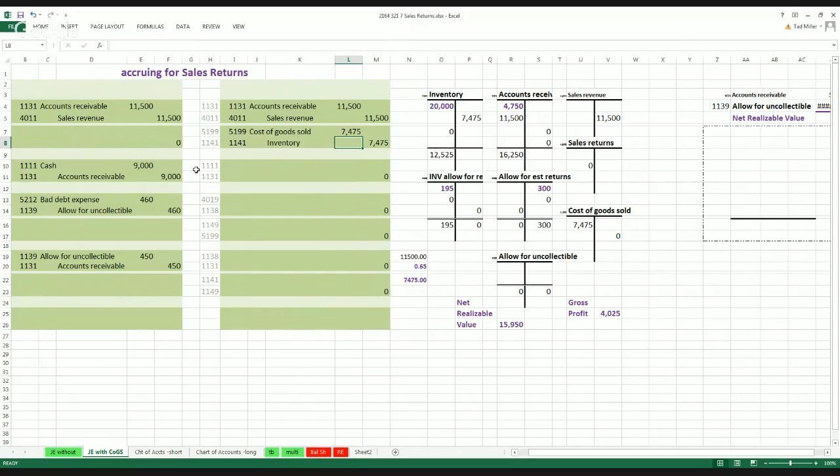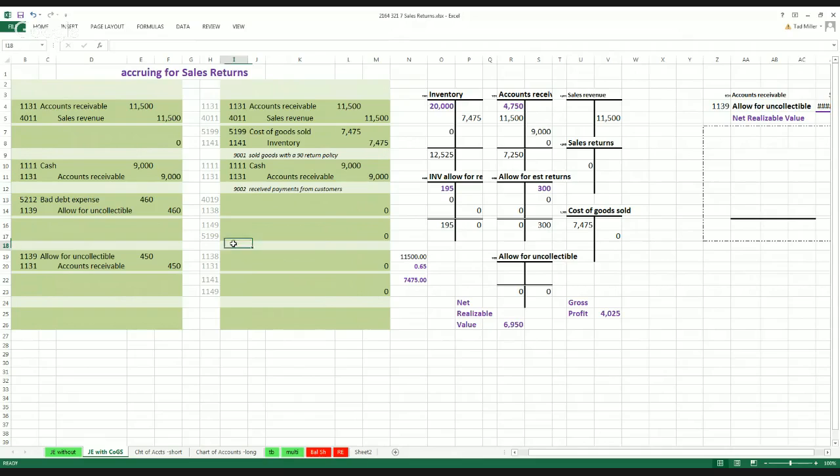I'm happy. We collect some, some of our customers pay us, so we receive cash. Nothing new and exciting here. I just make up a number, 9,000. I can see the changes going on in accounts receivable.